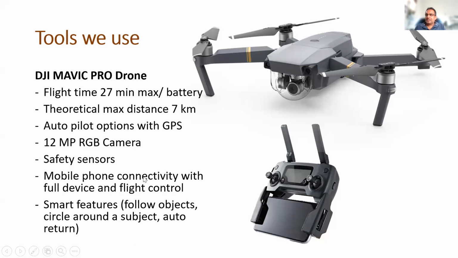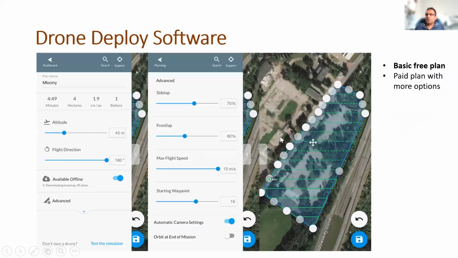And when we connect it to this particular software, this Drone Deploy software, it can fly in a designated path, as you can see in this green color line. This is the flight path, and along the path, the drone will take photographs.